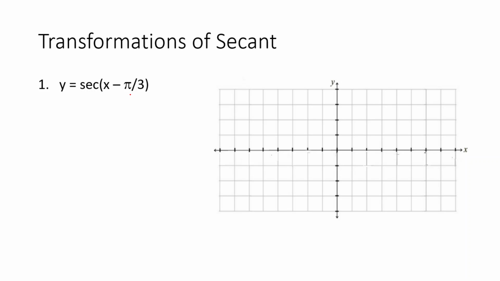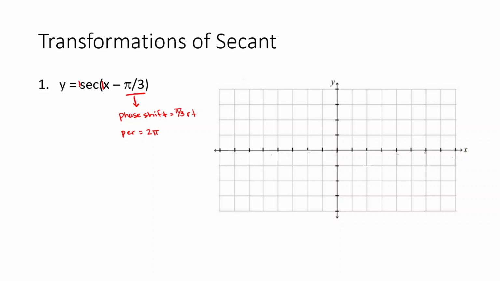So we know from before that this pi thirds is our phase shift. And because it's minus pi thirds, this is going to go to the right. Okay, we know that the period is 2 pi. Okay, there's a 1 in front of this x, so the period is not changing.